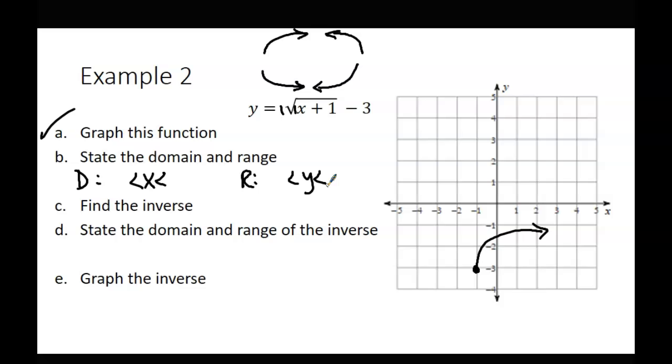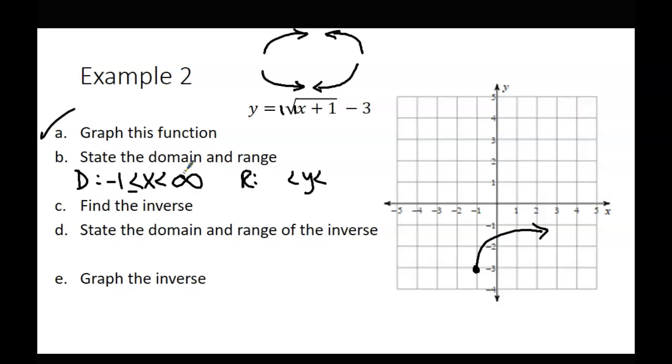Domain is all the possible values of x. So what x value is furthest to the left? -1. Good. Now can my graph actually equal -1? Yes. Let me put a line there. How far to the right does my graph go though? Infinity.